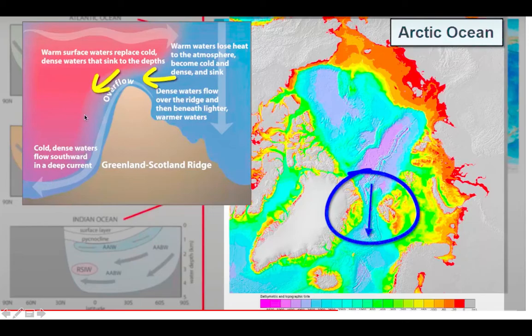So here we have a waterfront. This is a surface water, which is the Gulf Stream. The Gulf Stream is coming like this, and here it becomes cold enough to sink down. So this arrow is your NADW, North Atlantic Deep Water, and this is your surface water, that is your Gulf Stream. Okay, clear?